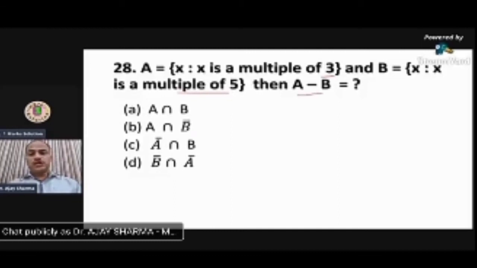Now we have to tell what is A difference B. It means we have to tell those elements of set A which are not in set B. ठीक है, यानी वो एलिमेंट्स बताने हैं जो 3 के मल्टीपल तो हैं but they are not multiples of 5. So this we know, this is equal to what? A minus B means the figure is there. No, the figure is not there. I want to show you in this figure.